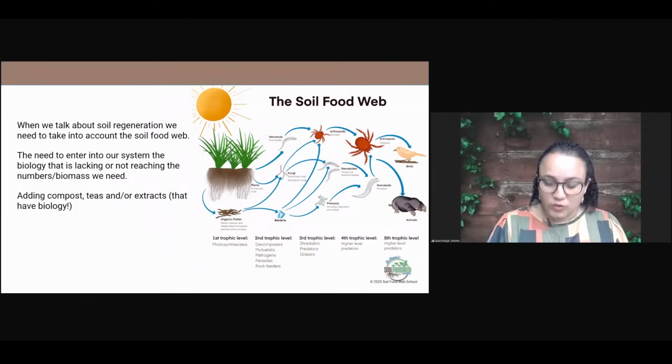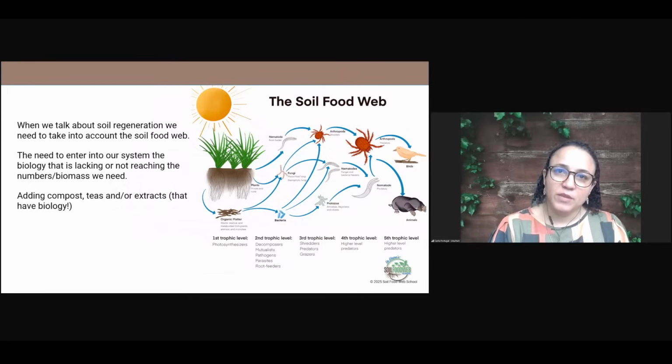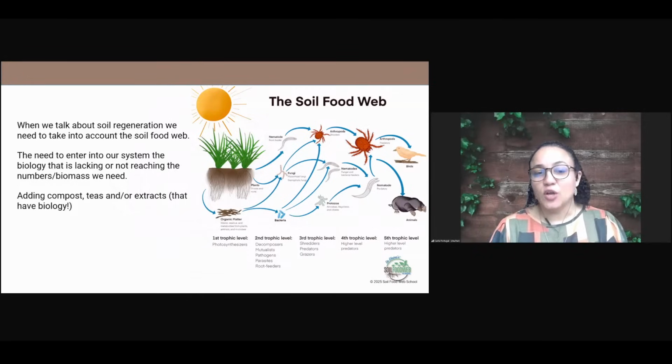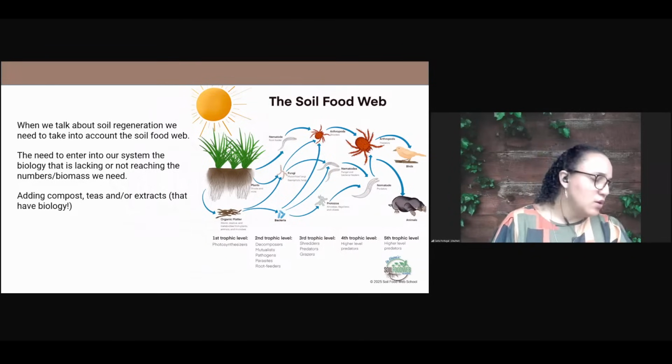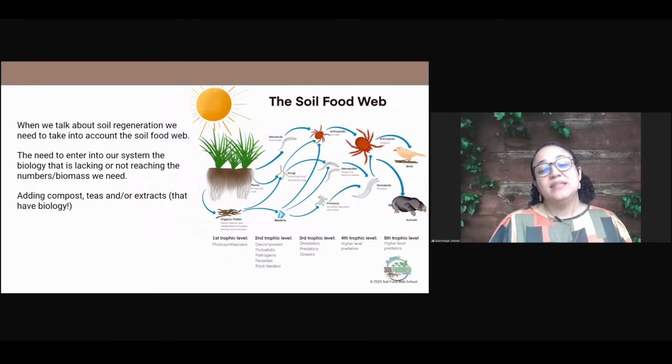As is well known, the Green Revolution, as much as it advanced the way we do agronomy over the years, also had a huge downfall: we lost a lot of biology in our soils. Again, not blaming anyone. We did the best we could with the science we had at the time, but now we cannot neglect that anymore.